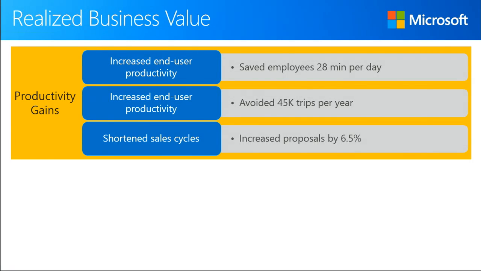And then obviously the sales cycles, it's shortened because I could now get a team together without having to drive to multiple locations. I could have somebody on the road join the meeting, and we could be sharing the deck. A great example of this was I was in Paris with one of our partners, and they needed to reach back to Redmond to talk to somebody in Redmond and somebody in India for a sales presentation.